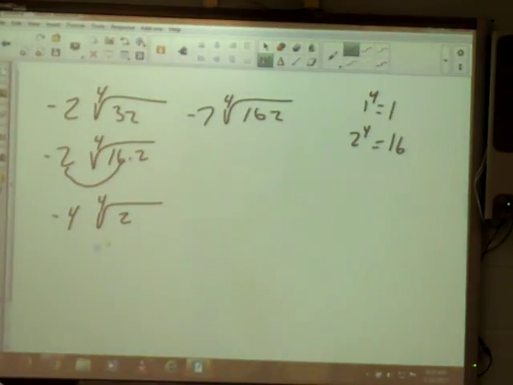Now here's what I was talking about. If you can figure out one of them, you can figure out the other. For me to be able to subtract this, it has to end up with a 2 underneath. So that's all I'm going to check: how many times does 2 go into 162? Would that be 81? That was interesting. What's the 4th root of 81?